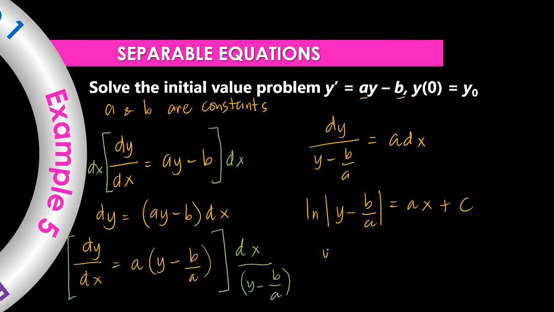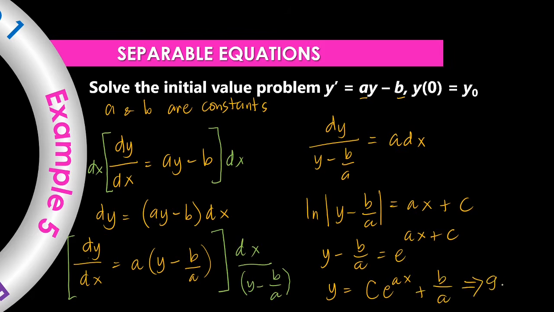So I will get y minus b over a equals e raised to ax plus c. Now, I can solve for y. Y equals, so here, we can again apply the laws of exponent and express e raised to ax plus c as c e to the ax, and then plus this term there, plus b over a.